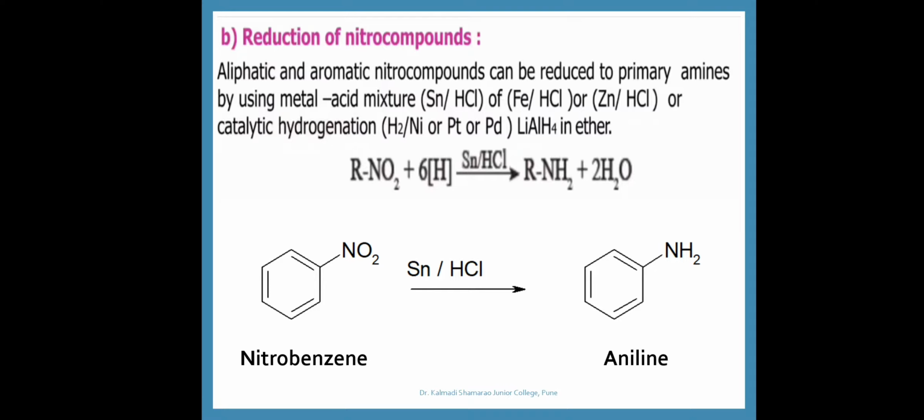Reaction: RNO2 plus 6H, Sn/HCl, gives RNH2 plus 2H2O. For example, nitrobenzene, when it reacts with Sn and HCl, gives you aniline.